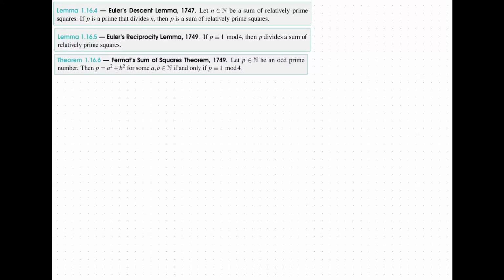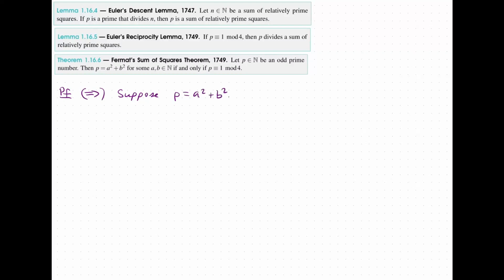So here's the proof. Let's go ahead and do the forward direction. This one requires nothing fancy, just looking at this modulo 4. So suppose p is equal to a squared plus b squared.